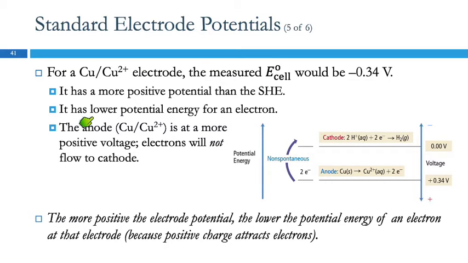And so it's got a lower potential energy for the electrons. And this, if we had that as the anode, is going to be more positive, and so electrons are not going to flow away from it. The more positive the electrode potential, the lower the potential energy of an electron at that electrode.